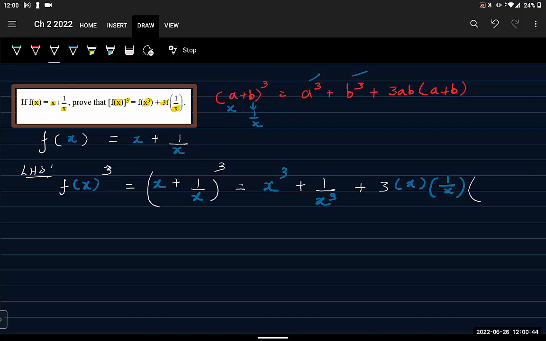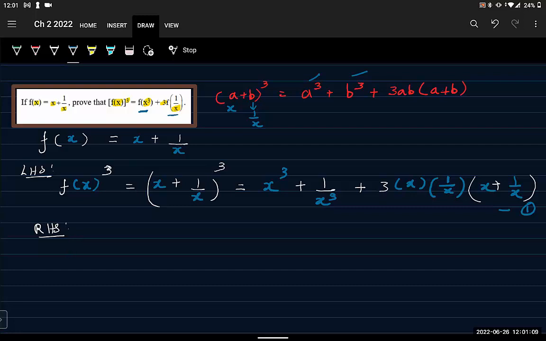Inside the bracket, we'll have x plus 1 by x. Let us keep this as our equation number 1. Now we move to the RHS. In RHS, we have two different terms, f of x cube and then 3 times f of 1 by x. First, we'll find f of x cube.